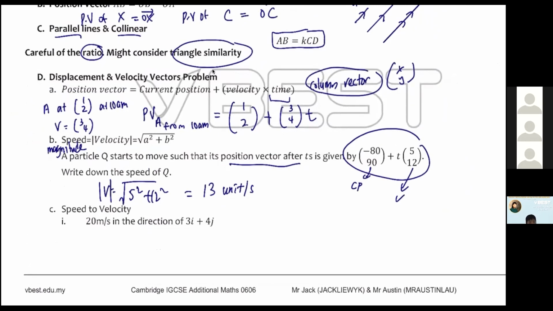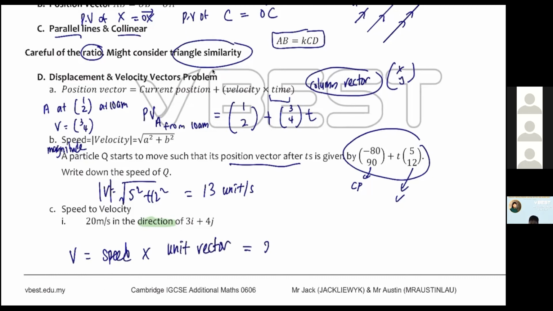Okay, the next one: how do we change speed to velocity? We have two types of questions they will ask. The first one is when people give you a direction. They already write the direction for you. It's not a position vector, so you don't go and take the position vector and multiply it. When people say direction, we just do velocity equals the speed multiplied by the unit vector.